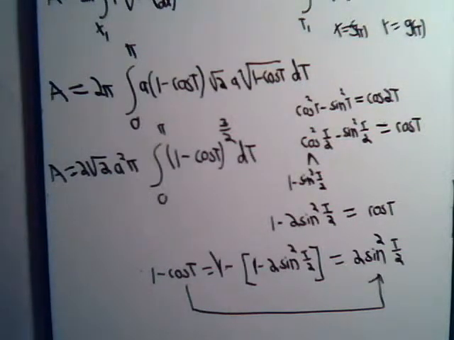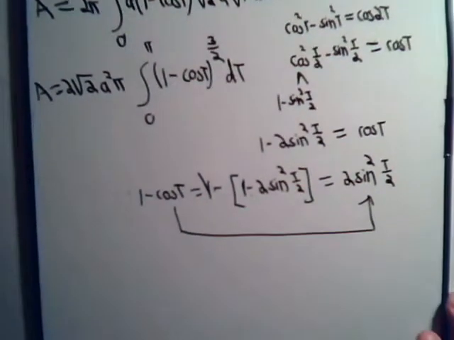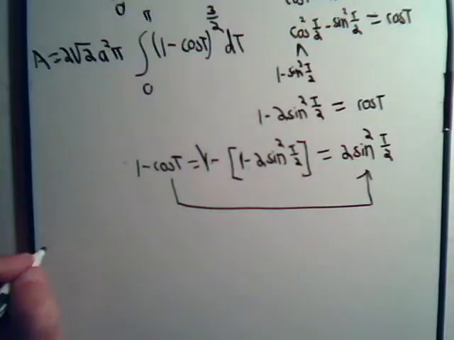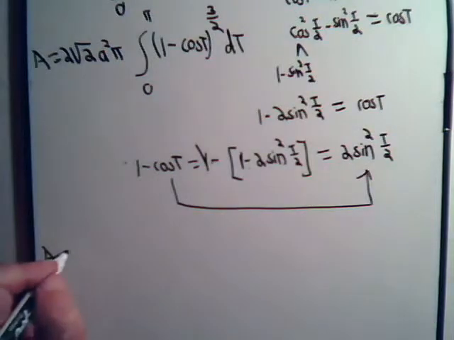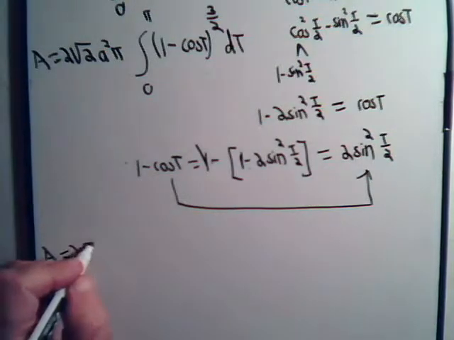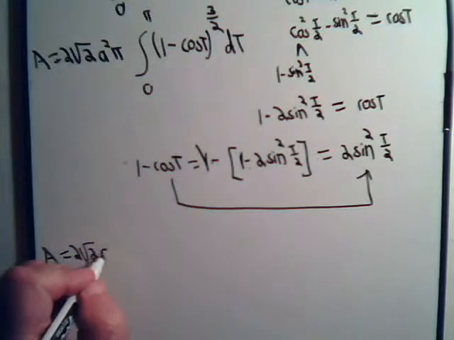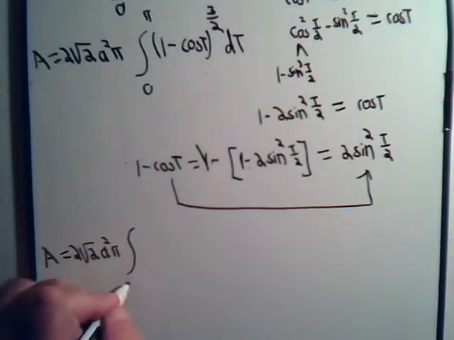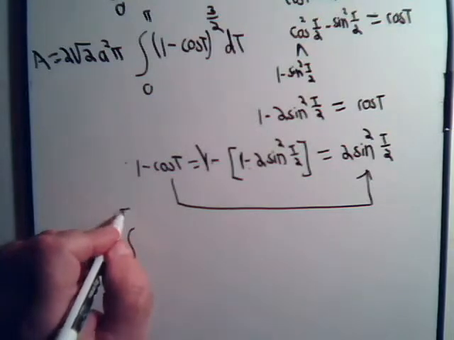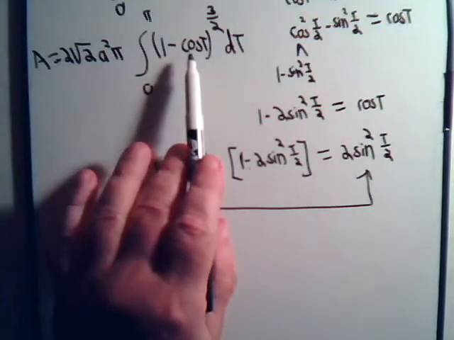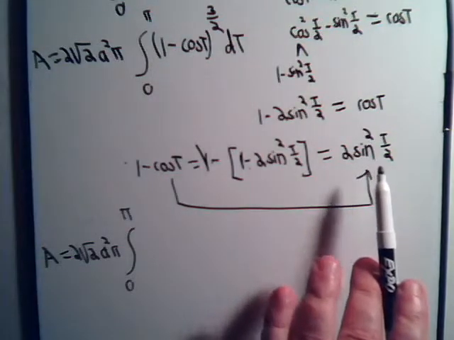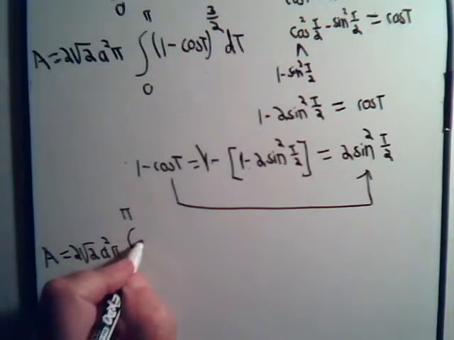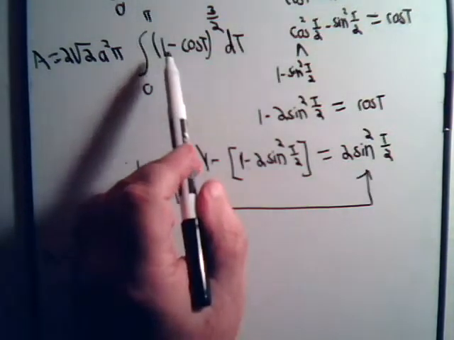And we need some room. Let's go down to here. So we have a equals 2 times the square root of 2 times a squared pi. And we're going to take the integral from 0 to pi, not of 1 minus the cosine of t, but of this. And this is going to be raised to the 3/2 power.